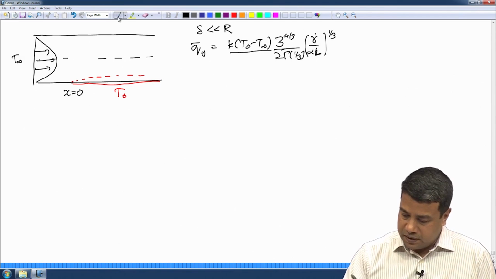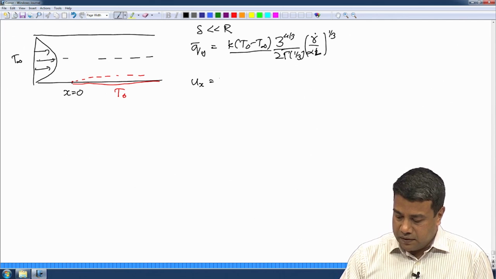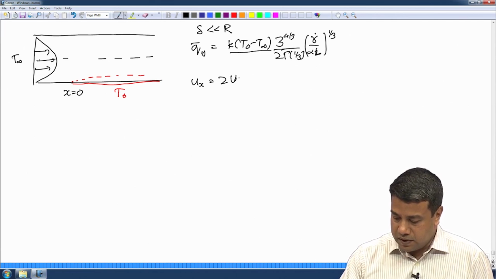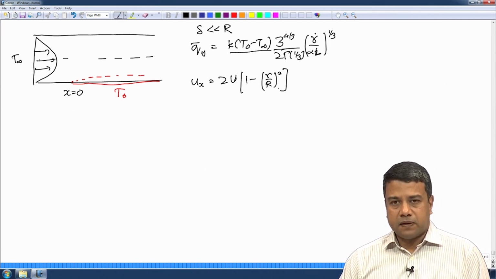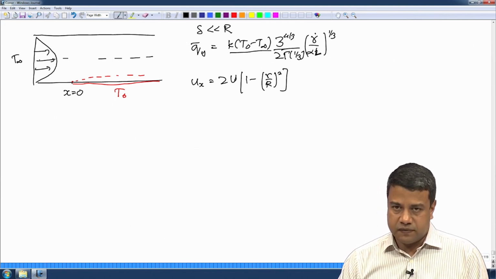Now, for a pipe flow, we know that the velocity we had calculated is 2u into (1 minus (r by R) the whole square), where capital R is the radius of the pipe and u is the average velocity.